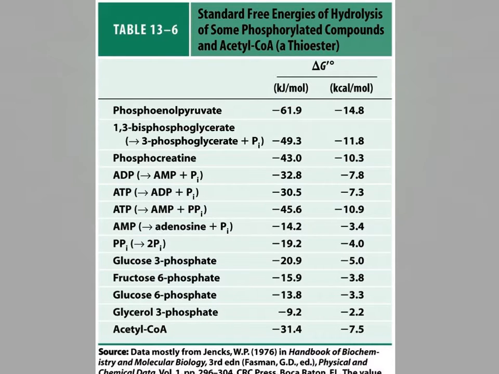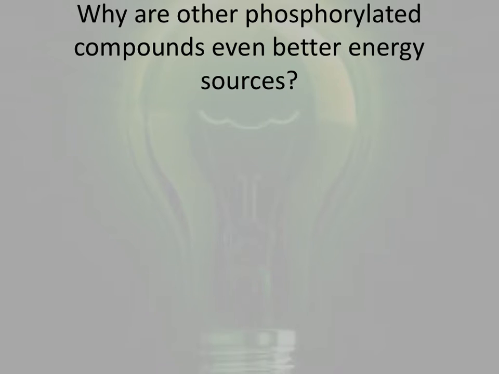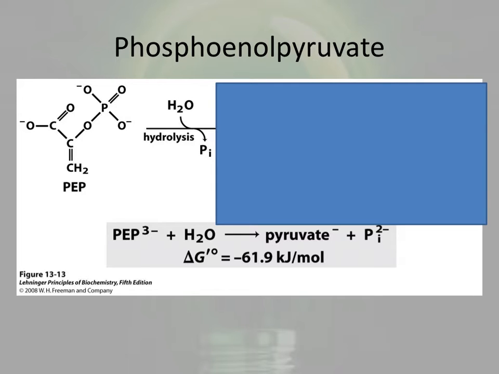All right. So why are other phosphorylated compounds even better energy sources? Do you know? If we take a look at this one, this is PEP. PEP goes on to form pyruvate when it's hydrolyzed, and it gives off a lot of energy. A lot.